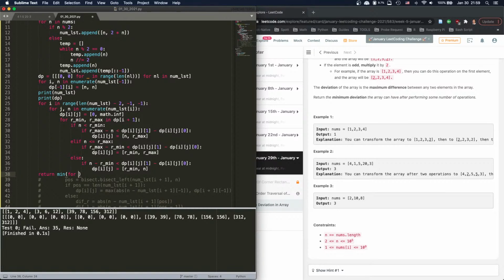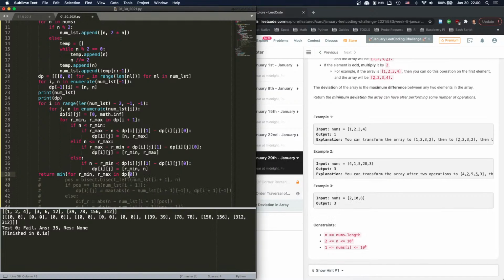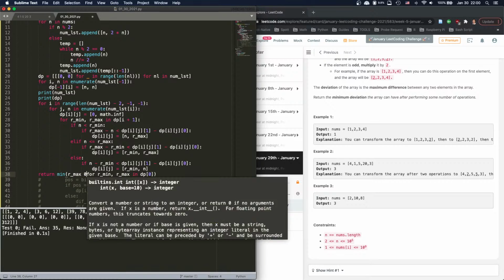This is 0 for range min, range max, and DP 0, right? And DP 0 is this. So for each one, we're going to say R max minus R min.